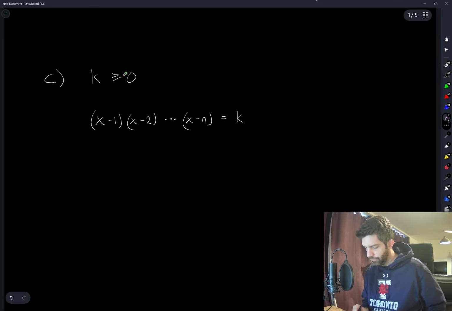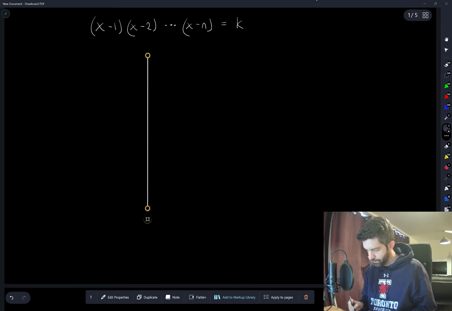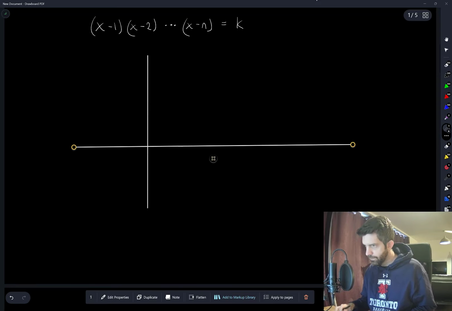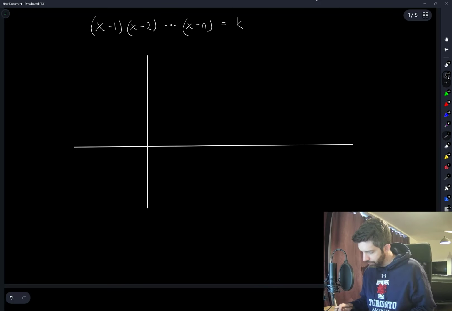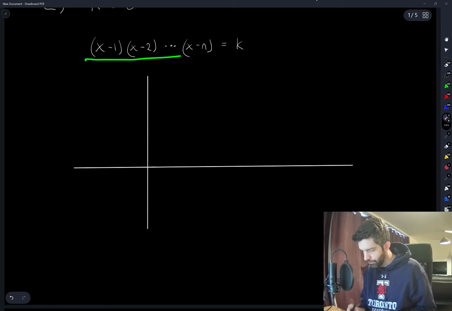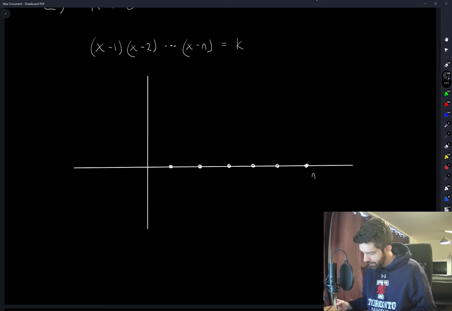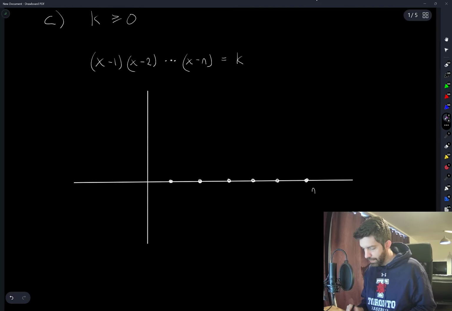Well, let's just look at what this polynomial might look like. The polynomial has roots at all the integers from 1 to n, right? So it's 0 at all these values up to n. And to the right of n, if x is greater than n, then every one of these factors is positive.